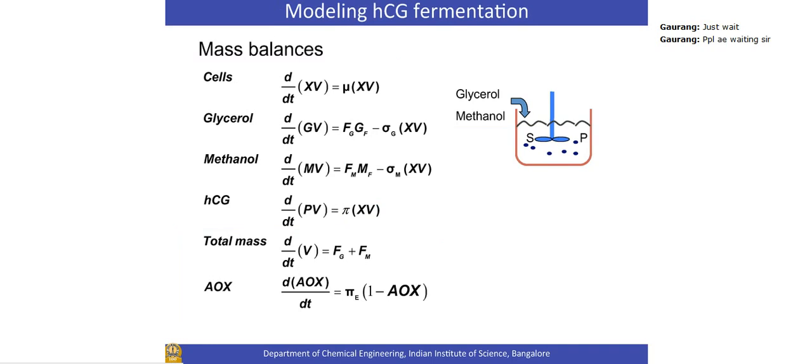So, in order to address this, we have to first formulate the model, and these are the very few maths or equations that you will see. So bear with me. These are nothing but mass balances on cells, on glycerol, on methanol, for the protein, and the total mass, because remember the total mass inside this reactor is increasing as we are putting in fresh mass, and this is something that we accounted for.